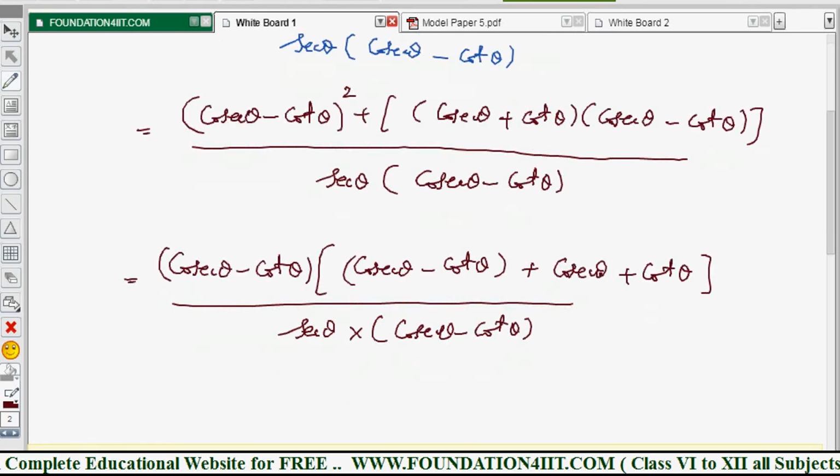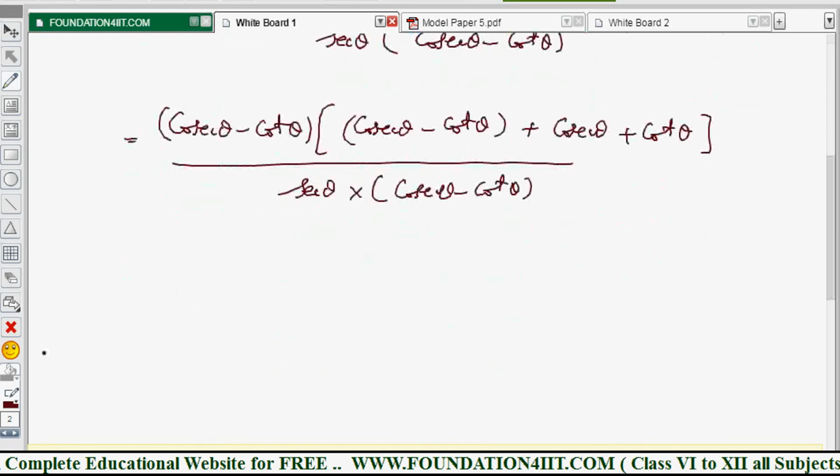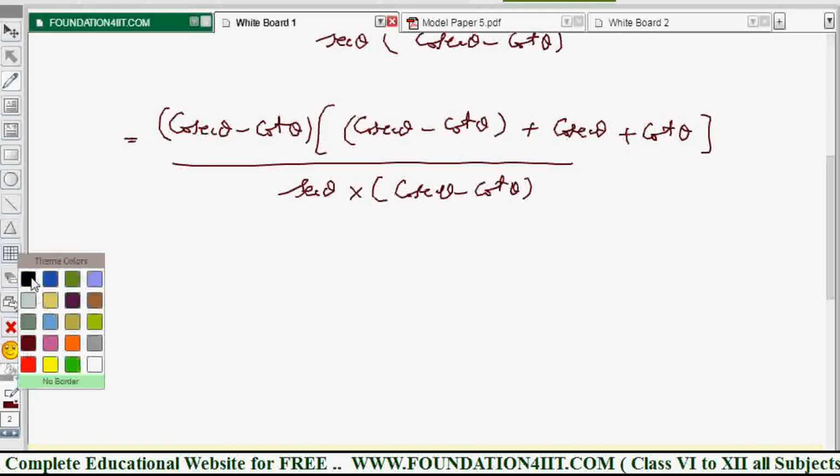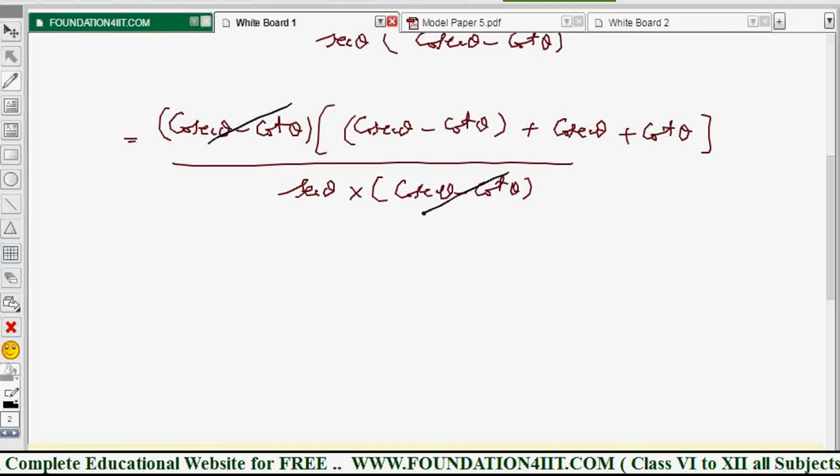The denominator is not changing. Now you can do cancellations. This is completely cancelled, and minus cot plus cot also get cancelled. Then cosec plus cosec is 2 cosec theta by sec theta left.